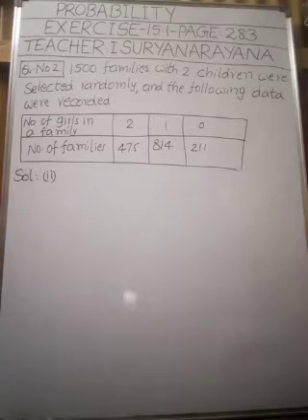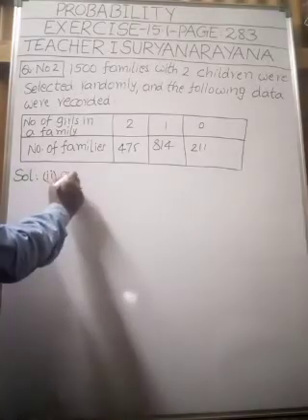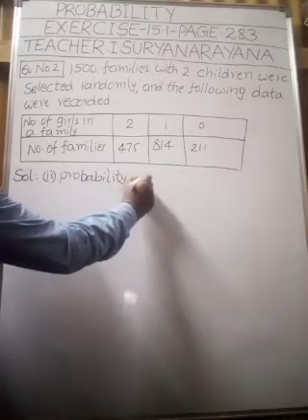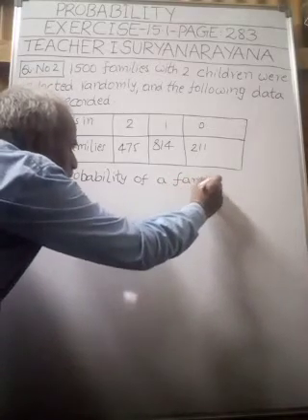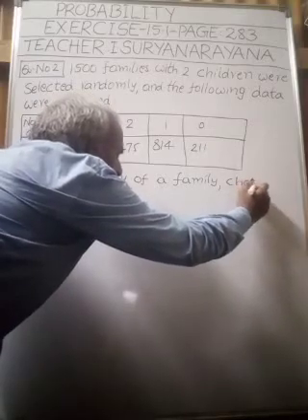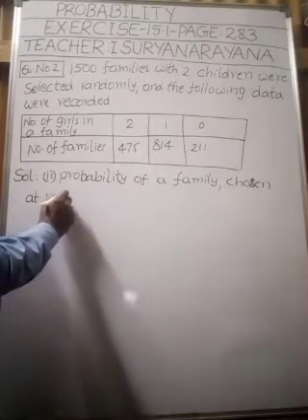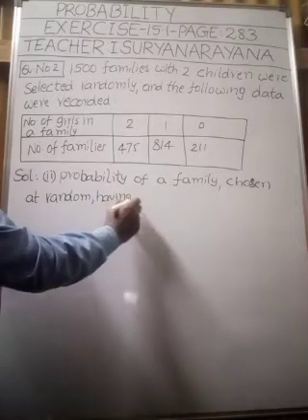Now the second part of this question is we have to find the probability of a family having 1 girl child. So probability of a family chosen at random having 1 girl.